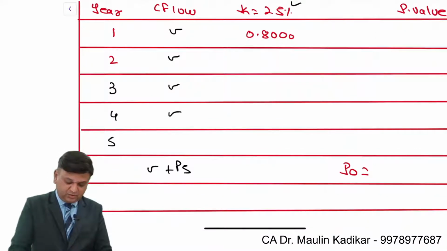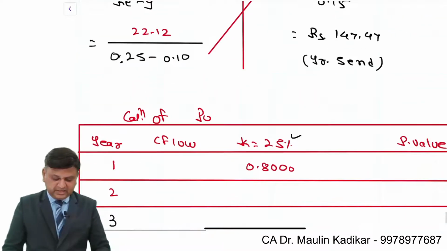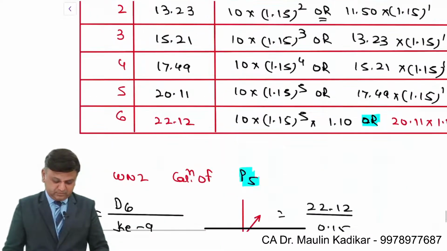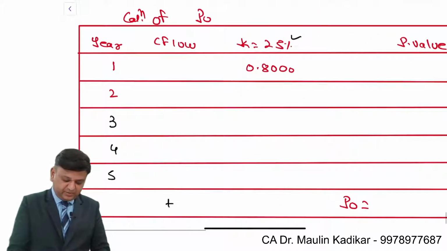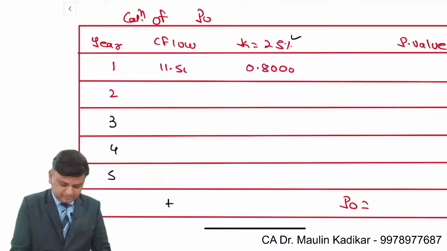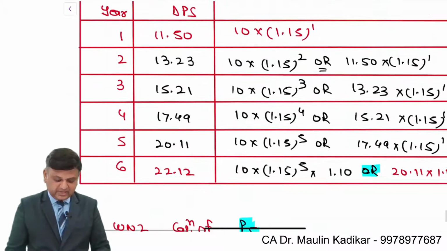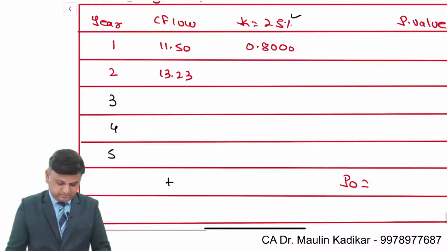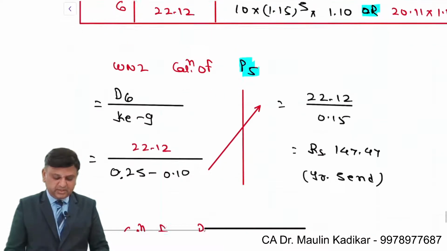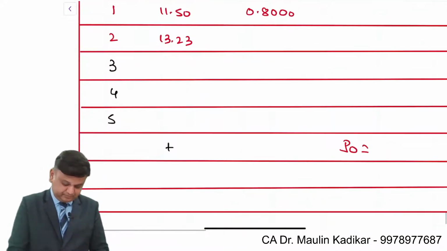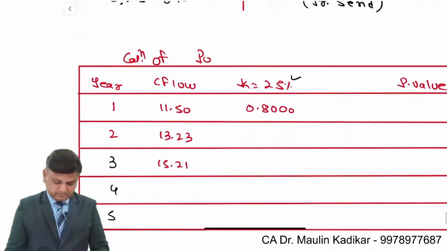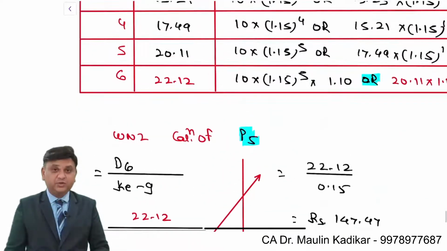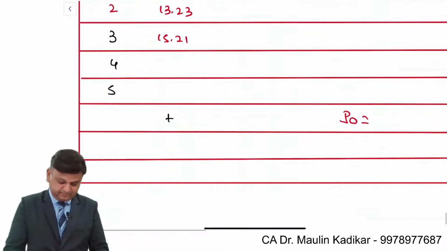So the cash inflow from end of year 1 to end of year 5, and then P5. First year it is 11 rupee 50 paise. Second is 13.23. Third is 15.21. Fourth is 17.49.